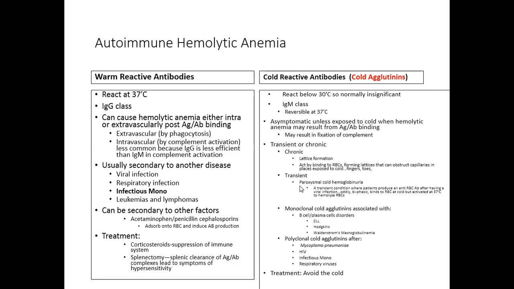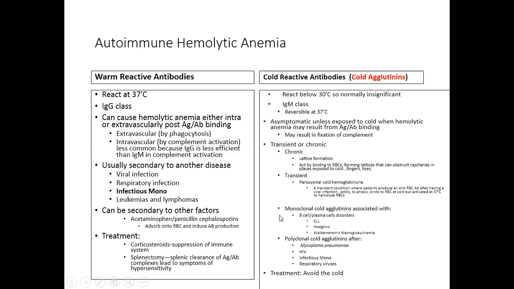It's a biphasic cold reactive antibody. It'll bind to a red cell at a cold temperature, but it doesn't get activated to hemolyze red cells until it gets to 37. So it needs both in order for this to become hemolytic. This is a pretty rare disease for a disease we talk about all the time.